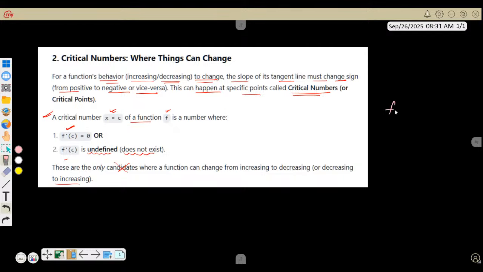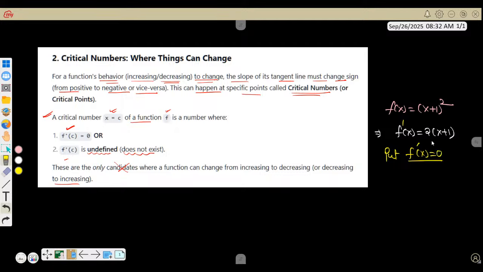Suppose you have a function, x plus 1 whole square. The first method is to find the derivative of this. What is the derivative? 2 times x plus 1, right or wrong? Right. Now to find the critical point, put f dash equal to 0.